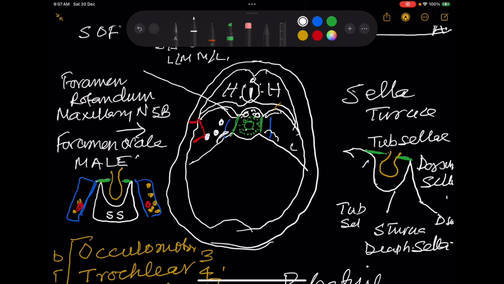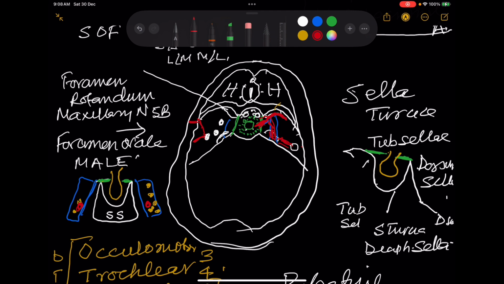It enters the carotid canal from below, passes through the petrous temporal bone here, enters the foramen lacerum and makes an F type of course in the cavernous sinus, and here it becomes the anterior cerebral artery and the middle cerebral artery.